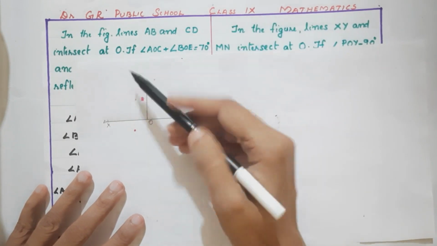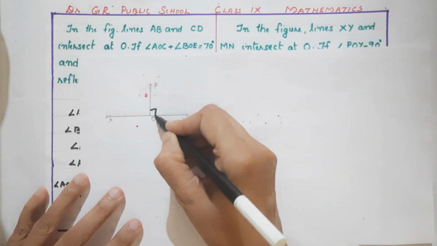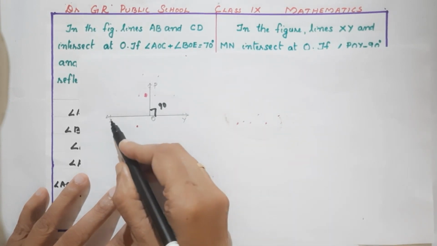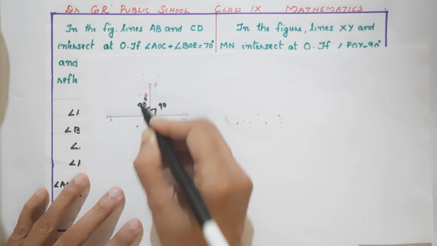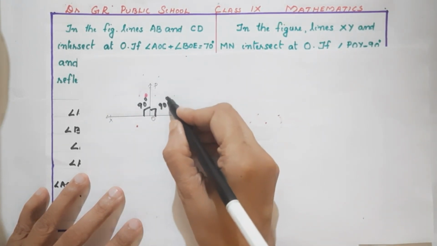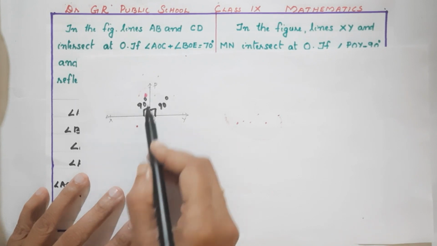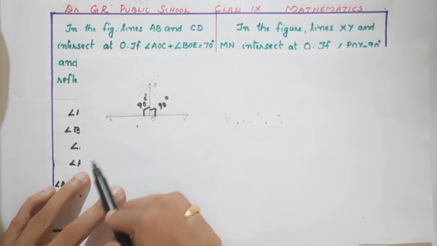POY is given as 90 degrees, so XOP is also 90 degrees. Then only we will get this as 180 degrees. So angle XOP is equal to 90 degrees.